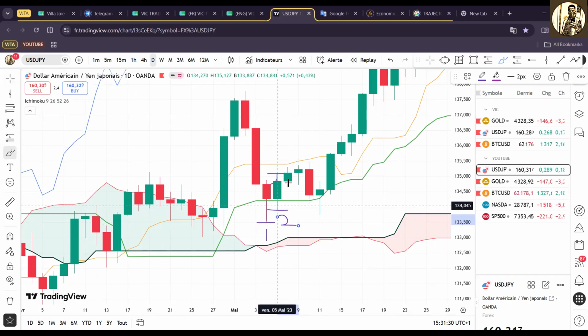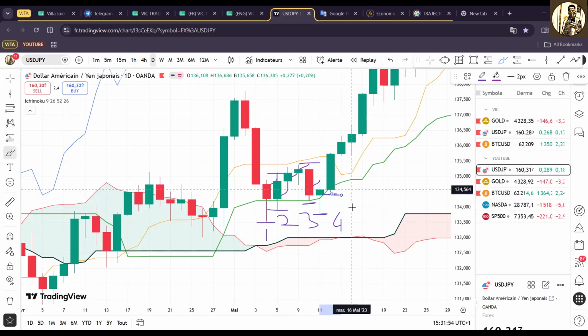And then it rises again to the upside, and it doesn't even go above Tenkan, and then comes again and touches Kijun for the third time. Then it rises above. Then it comes again and touches Kijun for the fourth time. Then it goes toward the upside.